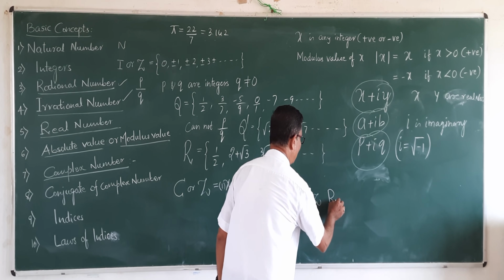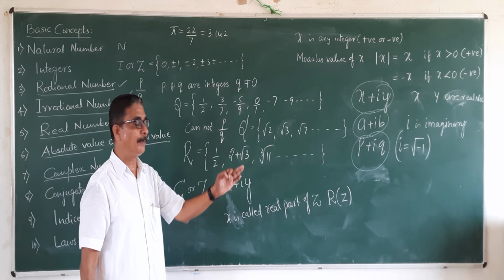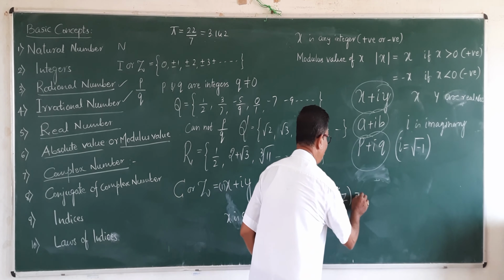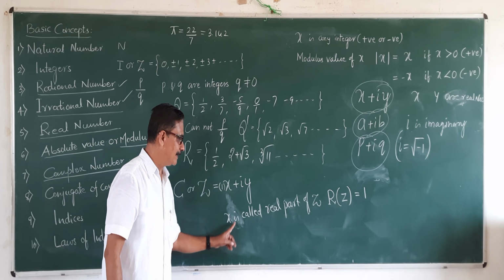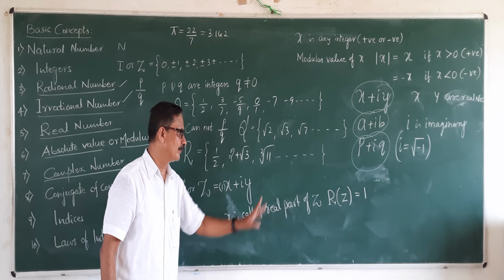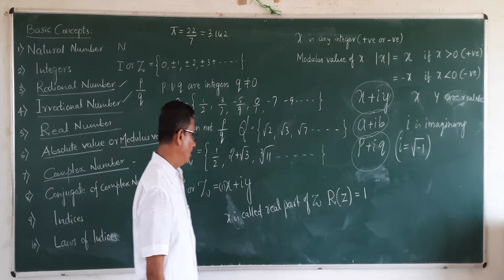Mathematically, symbolically we write R of z. R of z means real part of z is equal to 1. Remember, x is called real part of z denoted by R of z is equal to 1.